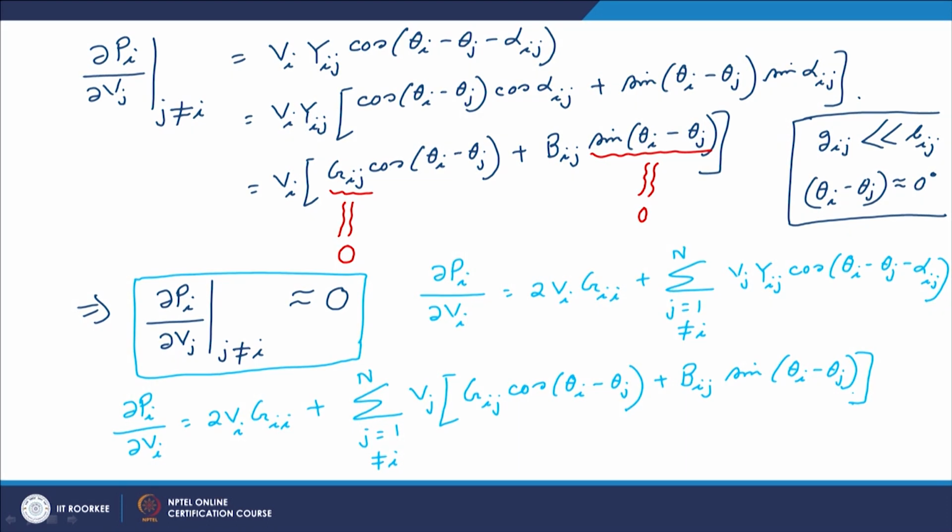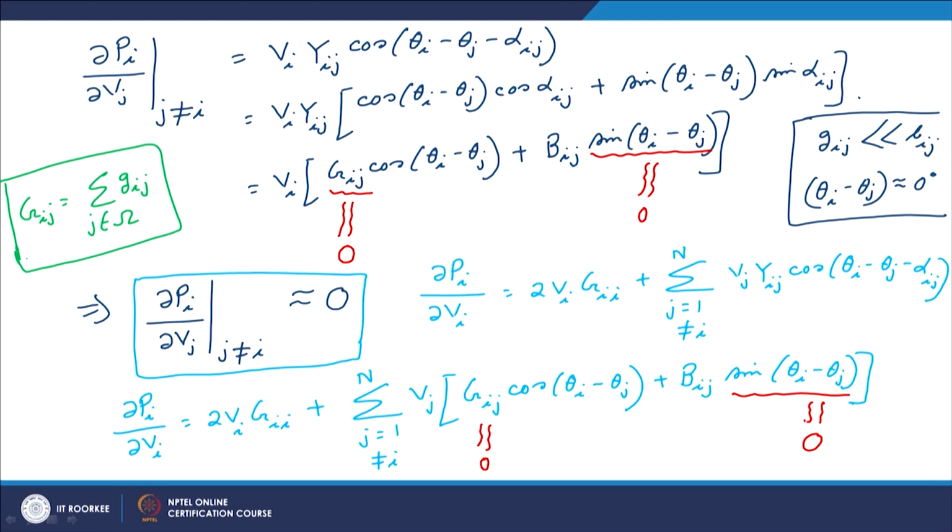So, as before, we get that this part is almost equal to 0, this part is almost equal to 0, and G_ii, because all g_ij are much less than b_ij. So, therefore, G_ii, which is nothing but the sum total of all g_ij, where j belongs to the set omega.